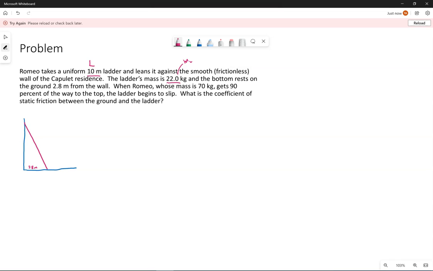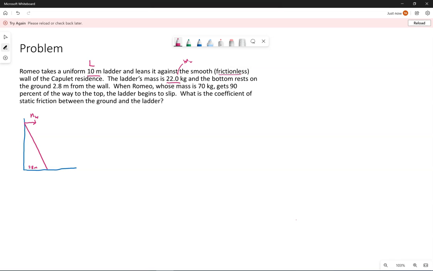All right, they're telling us that the wall of the Capulet residence is frictionless. So we can go ahead and assume we only have a normal force from the wall. There's no friction there, or we're assuming it's frictionless anyway.